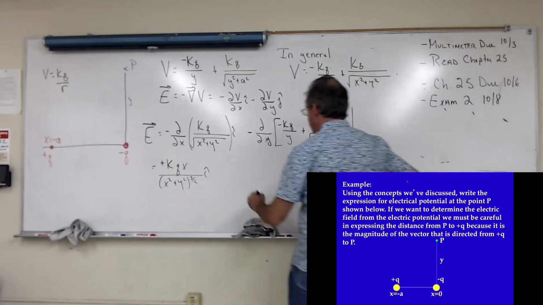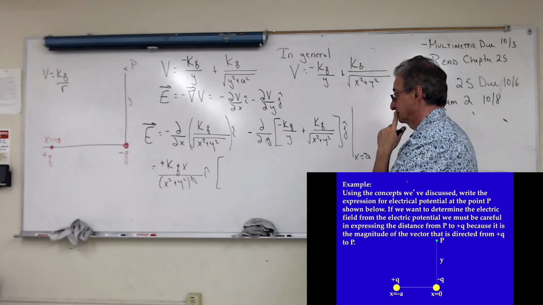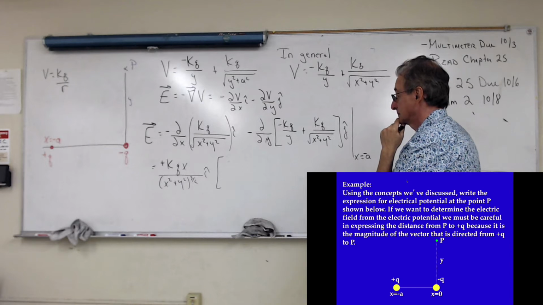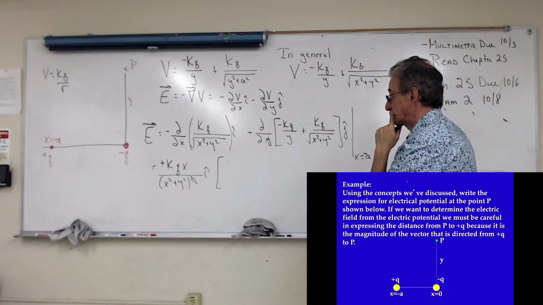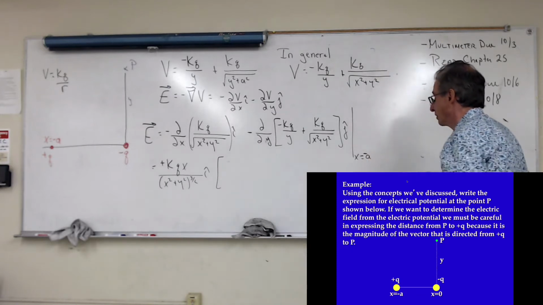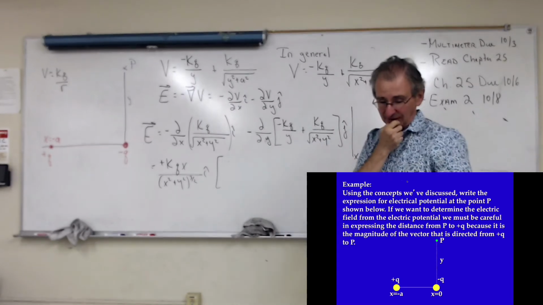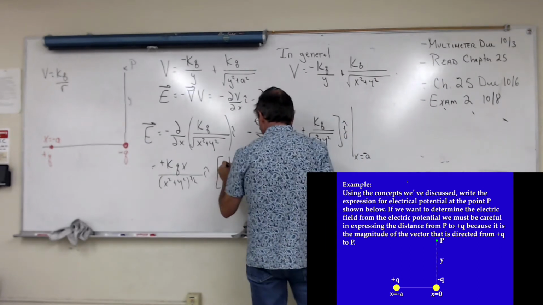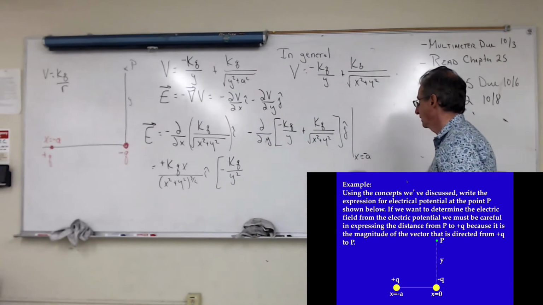And then let's look at the other term. I'm worried about it. Anyway, let's take the derivative. If I take the derivative of this one, I have a minus sign, a minus sign, and then when I take the derivative, I'm going to get another minus sign. And this one.